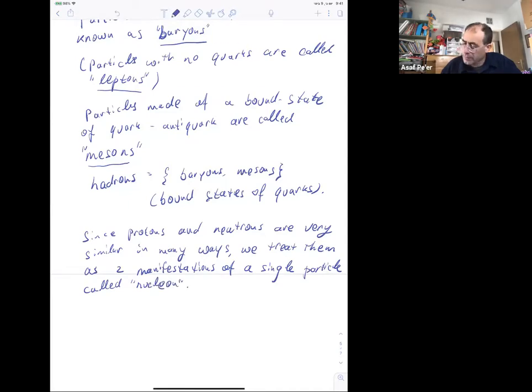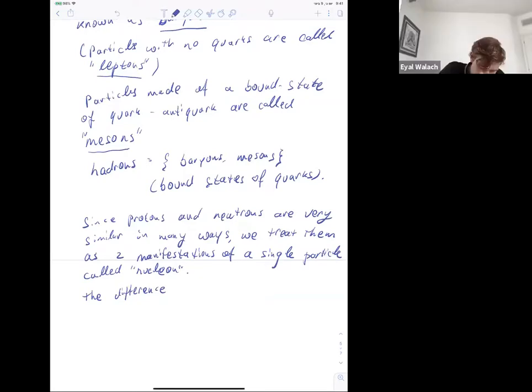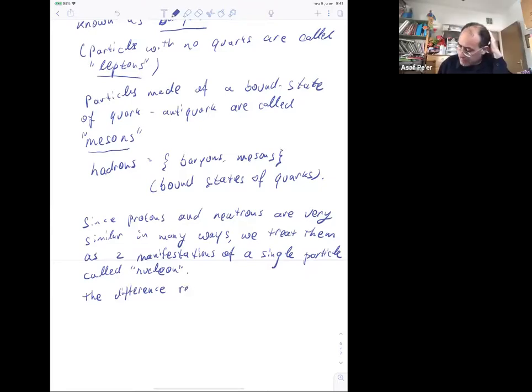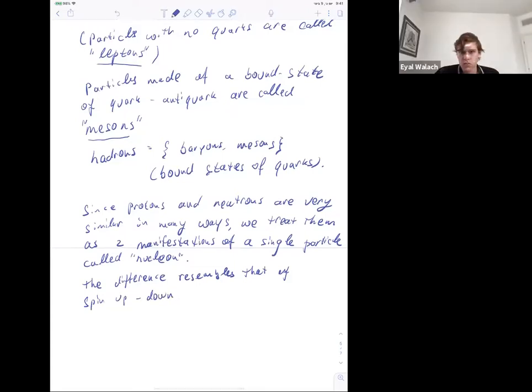And the difference resembles that of spin up and spin down electrons.